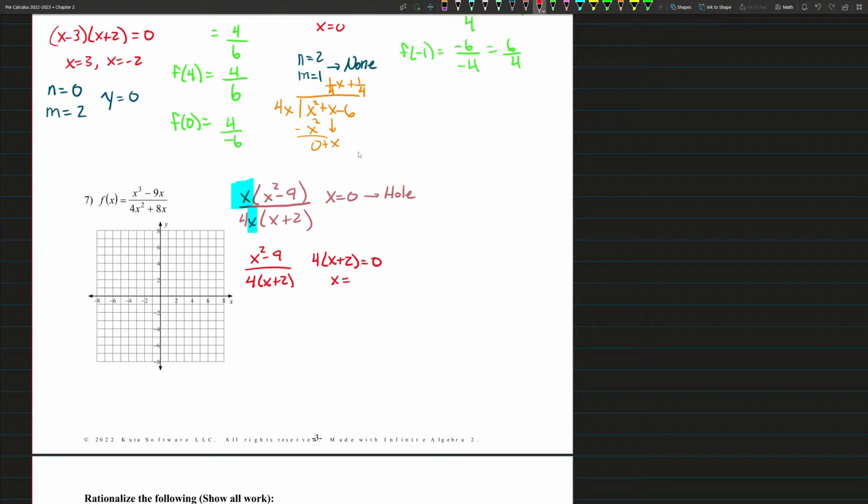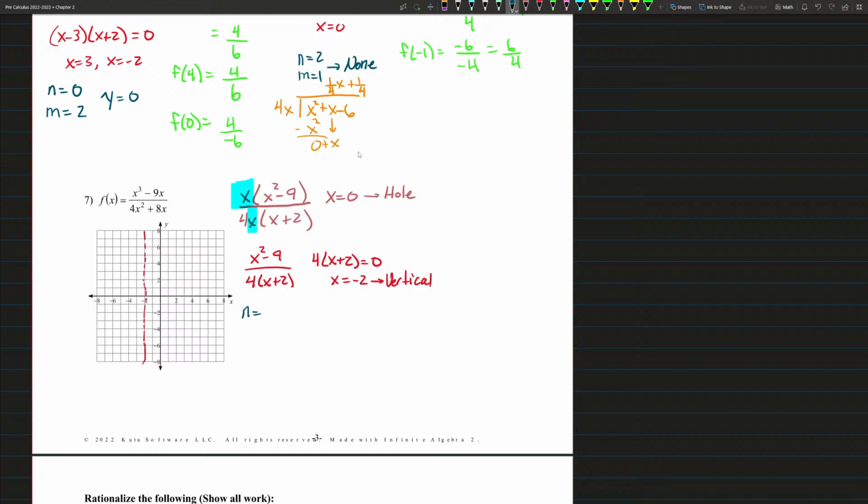So x equals negative 2, or sorry, vertical. Then we look at horizontal, which doesn't look like there is one.